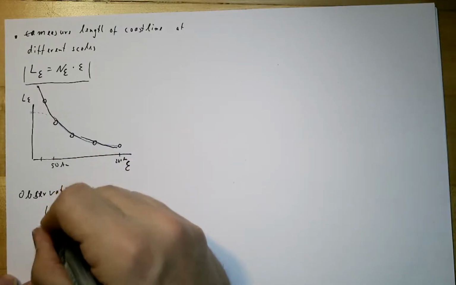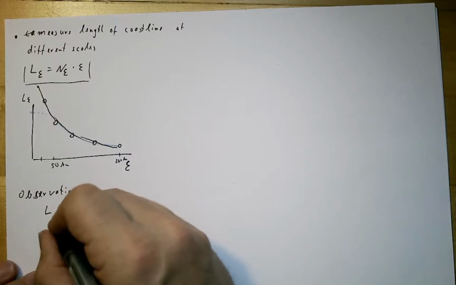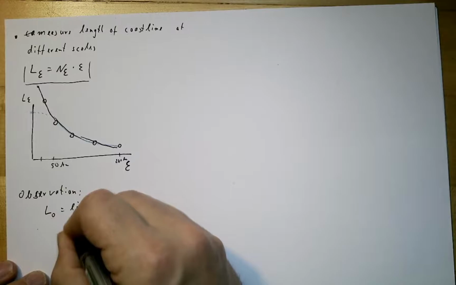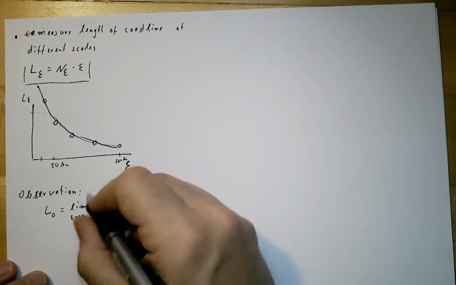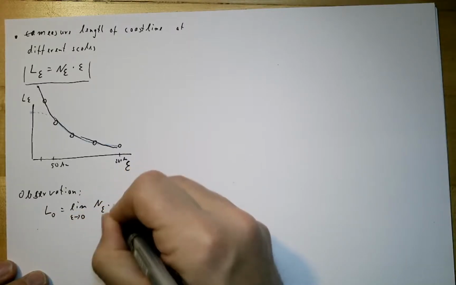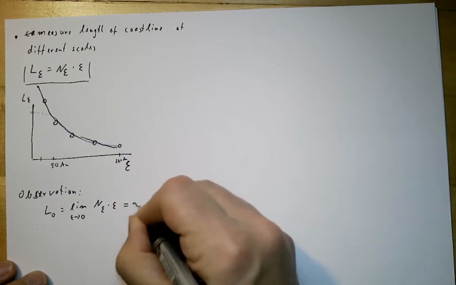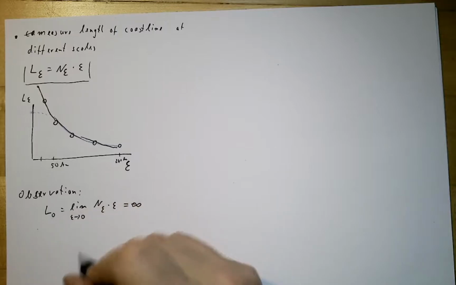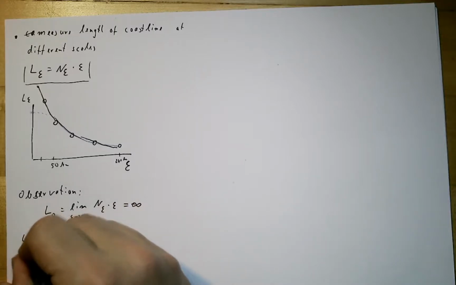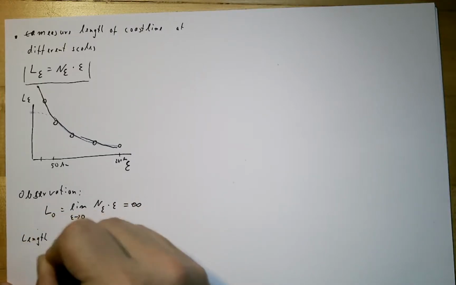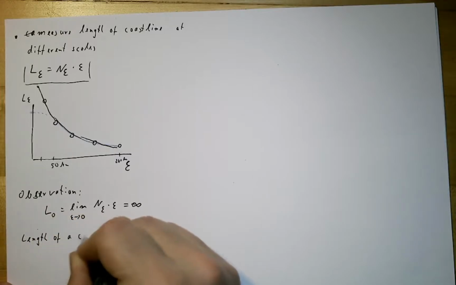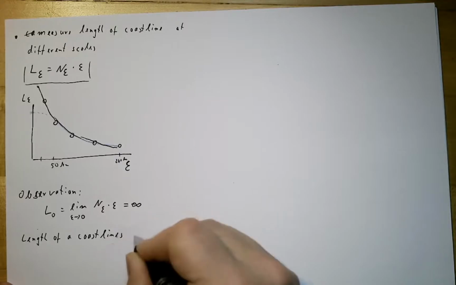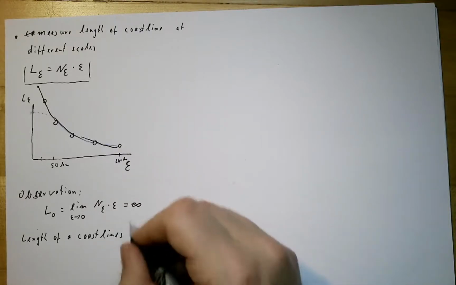The limit of epsilon going to 0 of N(epsilon) times epsilon is infinite. So this means the length of a coastline does not exist, is not defined.